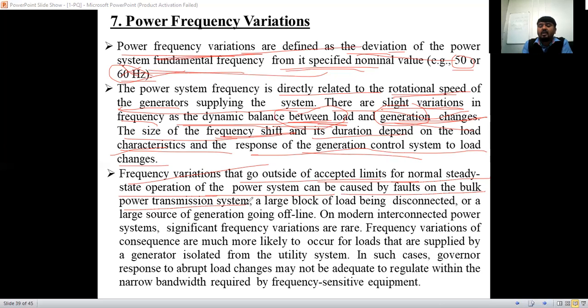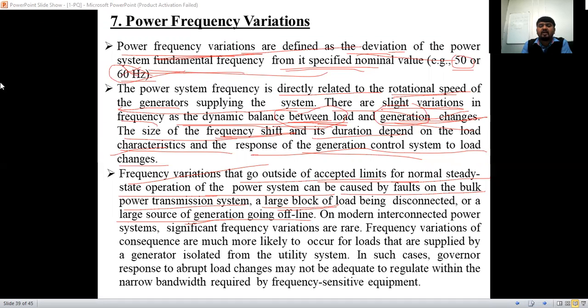A large block of load being disconnected, for example heavy load suddenly removed in an industrial area, or a large source of generation suddenly going off. On a modern interconnected system, one generator to another generator, one generating station to another generating station, are already interconnected.